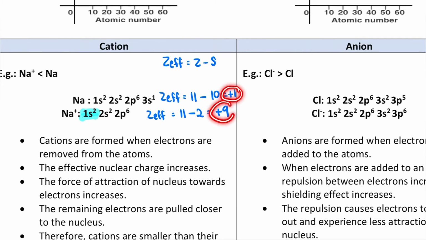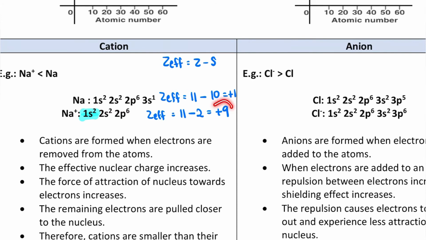If you compare, the effective nuclear charge is higher in sodium ion. That's why it says, when we remove an electron from the atom, the effective nuclear charge increases. We remove just one electron, but it causes the effective nuclear charge to increase.